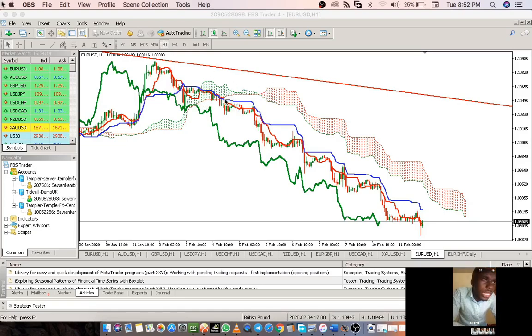All you need is a cross of these two lines. When these two lines cross, having these two confirmed, it means it's a sell, and you're also supposed to sell the market. So when you master this, just at a glance you can notice whether to buy or to sell.